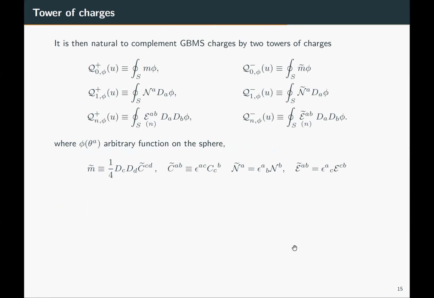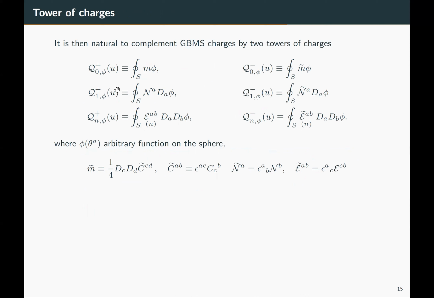Now, inspired by previous discussions, it's very natural to define charges for all these list of aspects. So this is my list. This is my extended, I don't know, BMS charge.